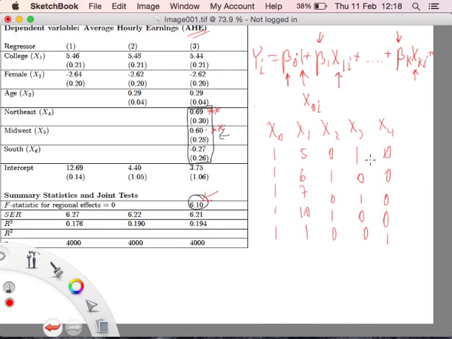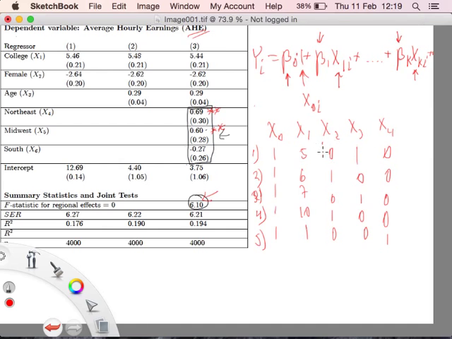Note each observation here: person number 1, person number 2, person number 3, person number 4, person number 5. Yes, there are 5 people surveyed. These are their wages, let's say, per hour. Now these are regions they are coming from. So basically x2 takes 0, otherwise 1, 1, otherwise 0, right?